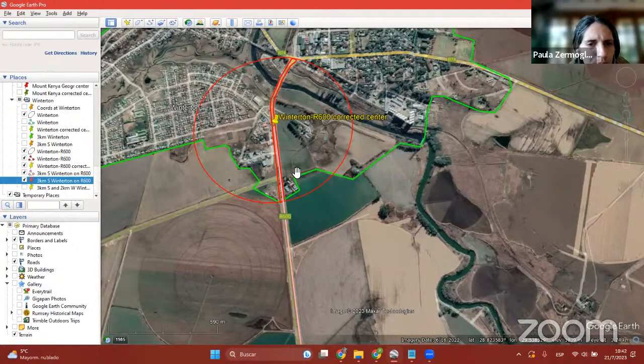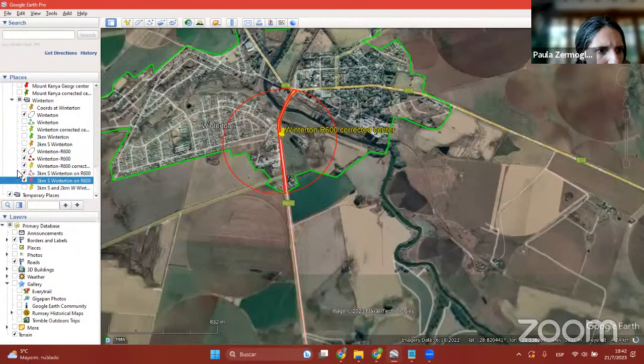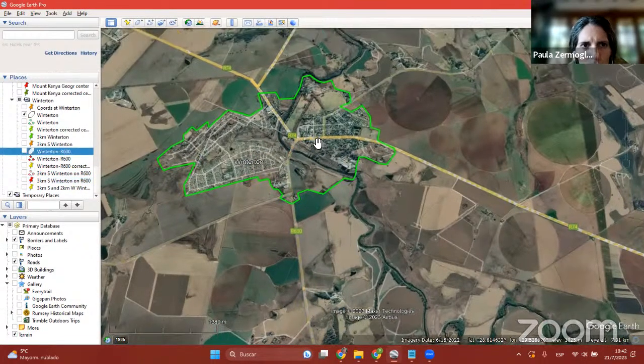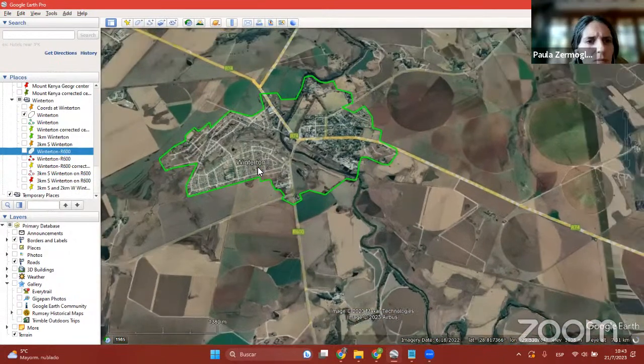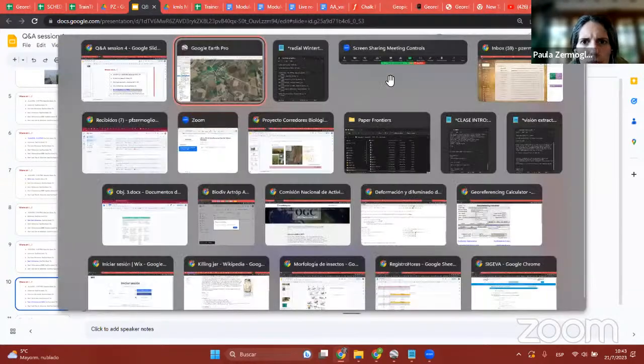Okay, so I will start again. I'll undo this one so that we can see how we got there. Okay, so the location said, let's copy paste it here to have it at hand. Let's put it here.